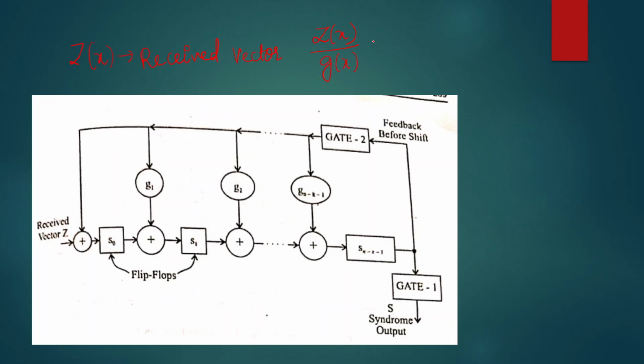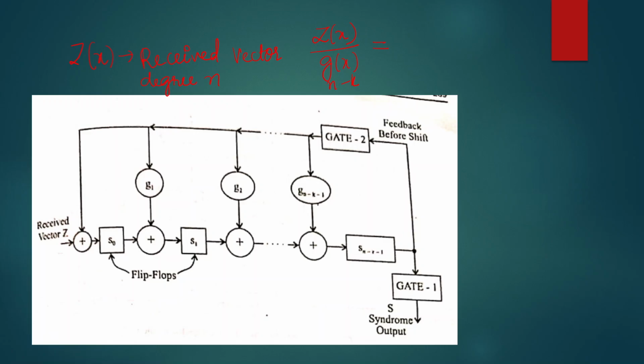When you divide a polynomial z of x that is of degree n, and g, as we know, will be of degree n minus k, not lesser, but it is always equal to.